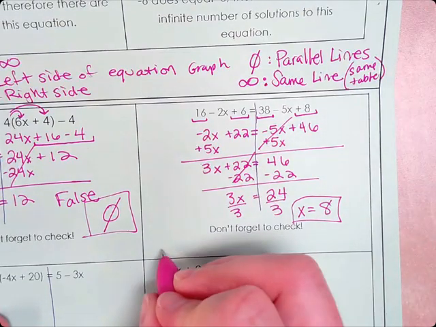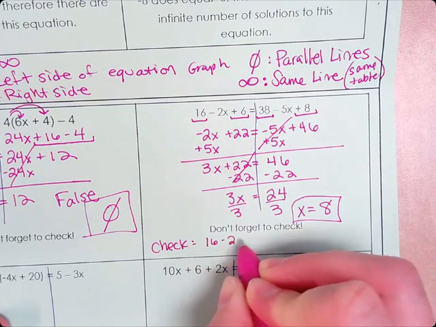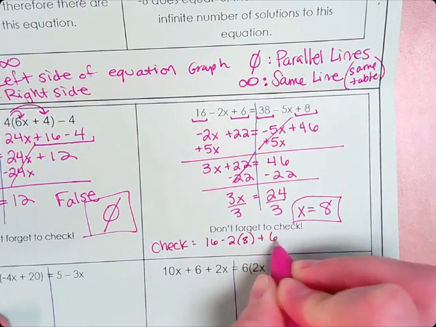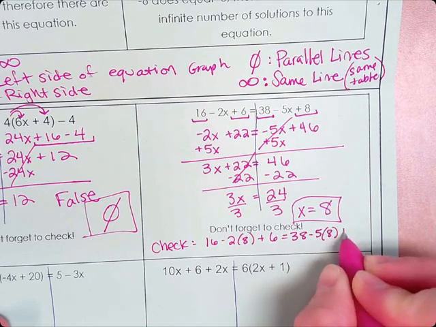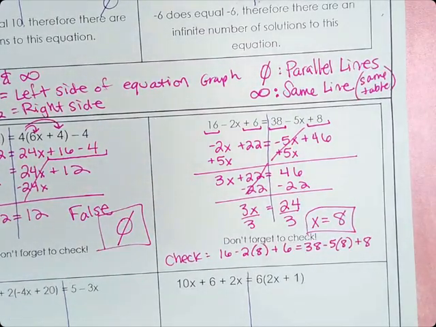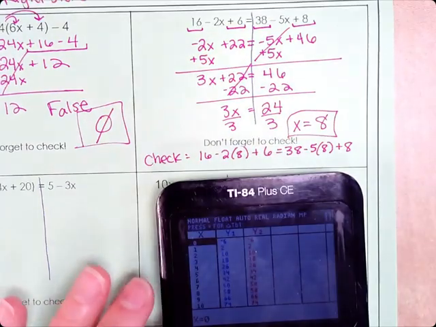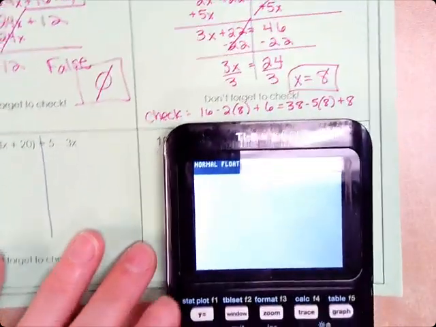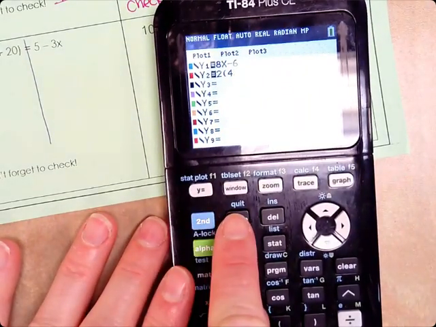All right, so now plug in the solution because you need to check it. 16 minus 2 times 8 plus 6 equals 38 minus 5 times 8 plus 8. Anytime you're in the graph or in the table, to get out from that, hit second mode, which is quit.